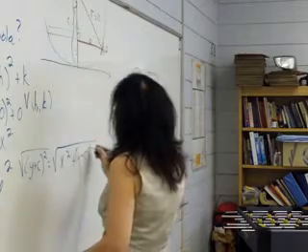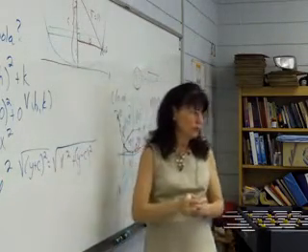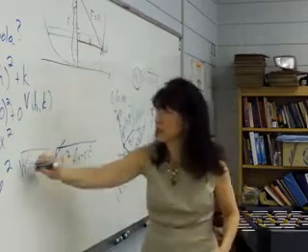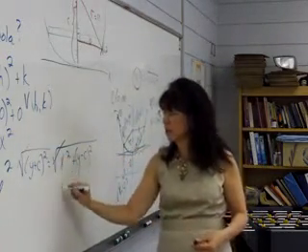Can we square both sides and get rid of our radicals? All right, so let's finish that. And take a minute and FOIL these out. We just have a little bit of algebra left to do here.